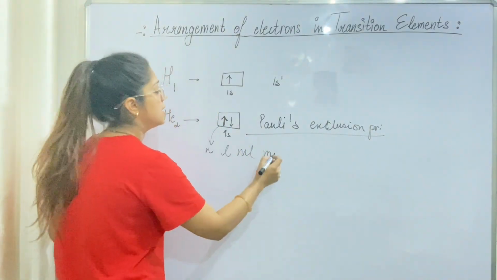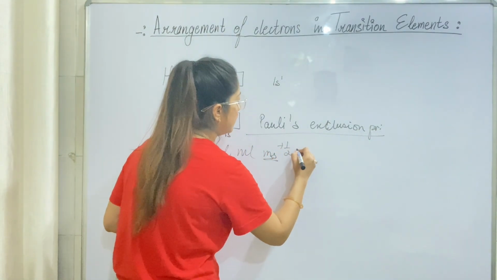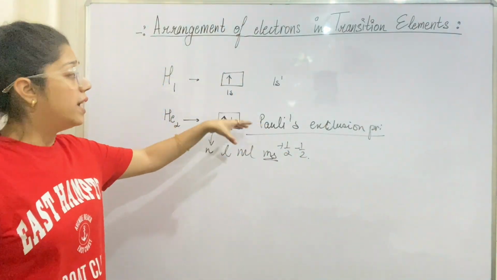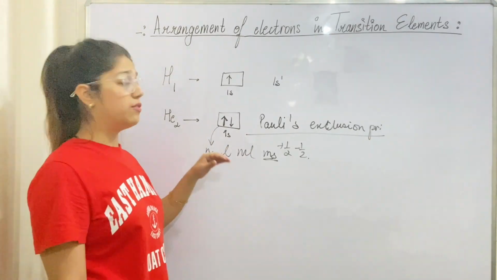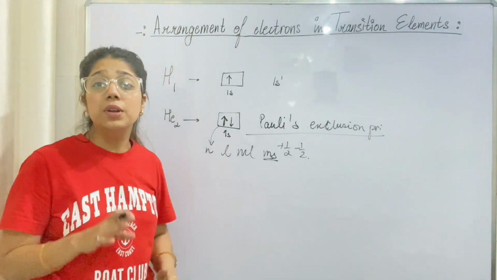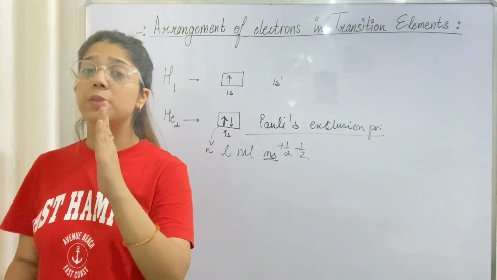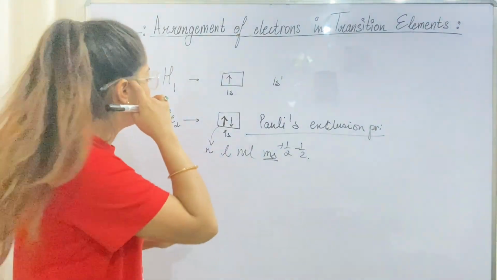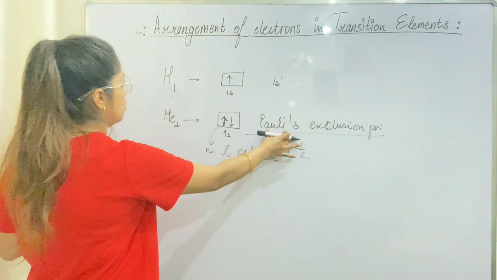No. One is having plus half spin and the other one is having minus half spin. So while writing the electronic configuration, you have to keep this in mind as well. This is called Pauli's exclusion principle. One electron is going to be up spin and one will be down spin always, right? Okay, so I hope this is also clear to you.